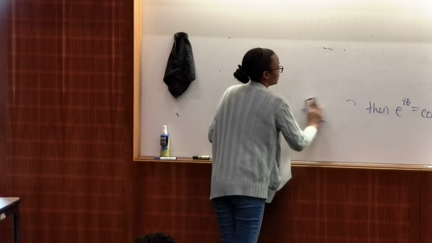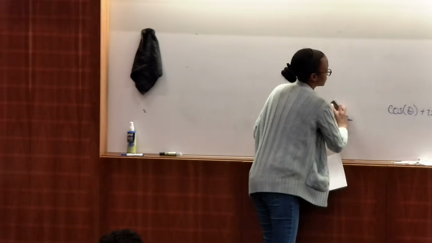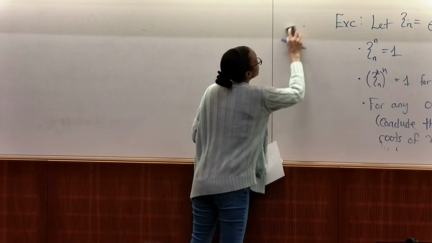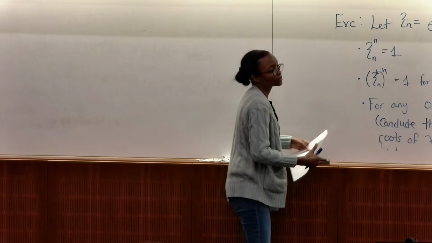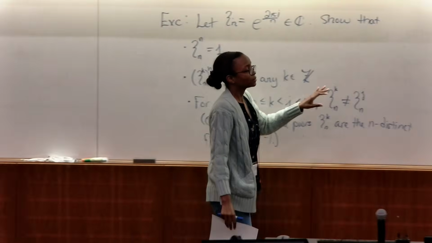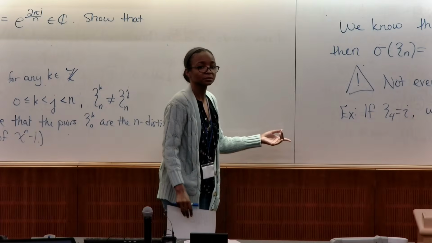So my claim, your exercise, is to show that I can identify automorphisms of the nth cyclotomic field with things that are relatively prime to n.